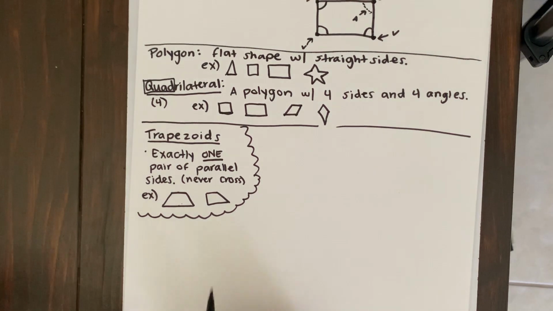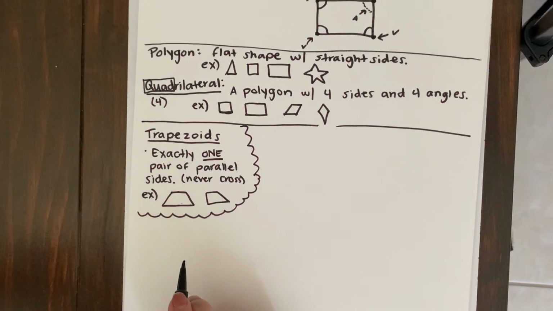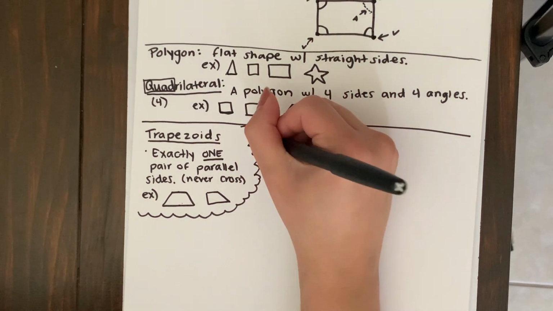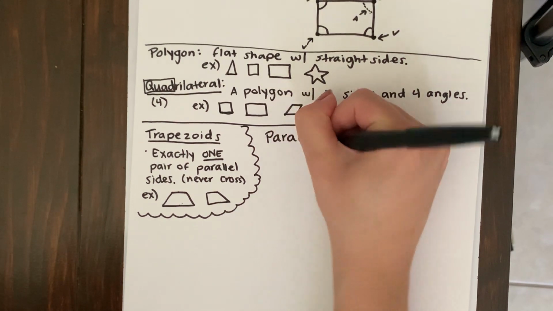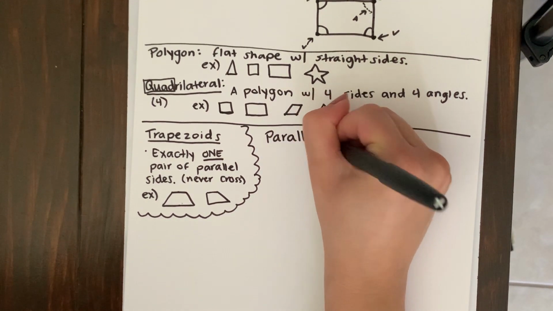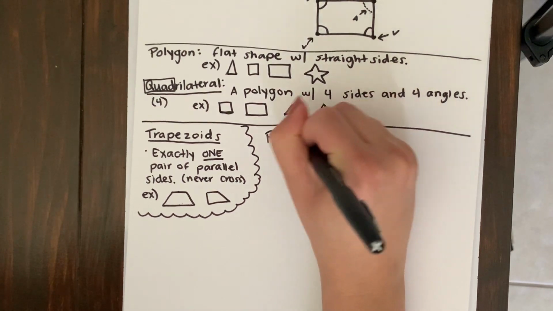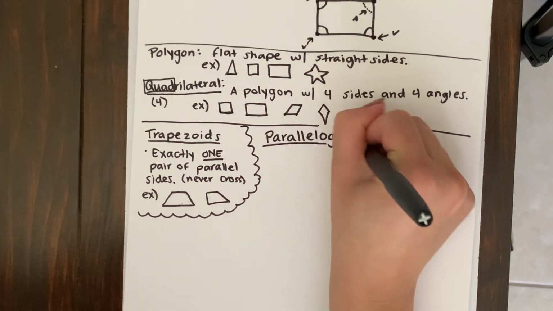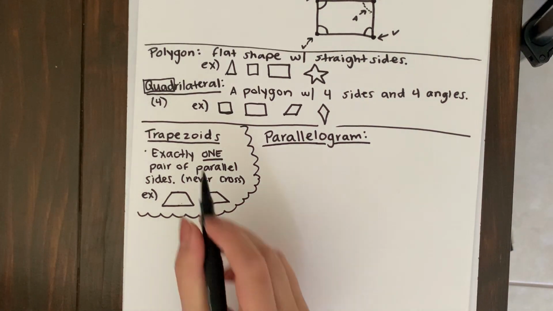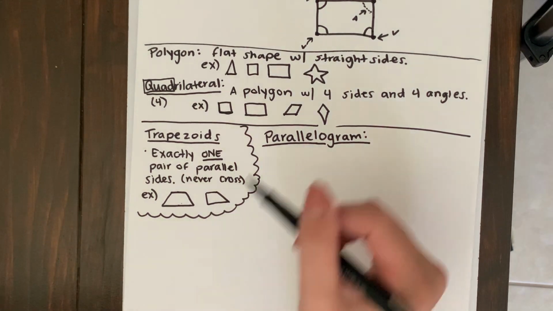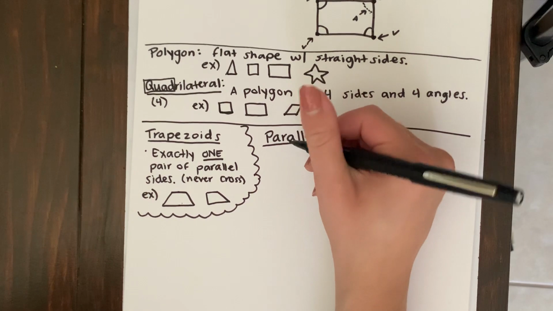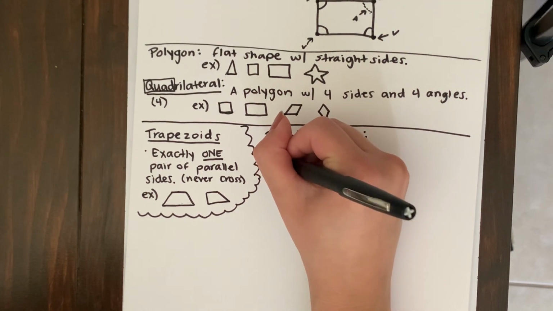Okay, so the next types of quadrilaterals are another big umbrella, and these are called parallelograms. All of these are like tongue twisters, kind of. Okay, so within quadrilaterals, all quadrilaterals, because they all have four sides and four angles, they're either trapezoids, in which they have only one pair of parallel lines, or they're a parallelogram, which means that they have two sets of parallel lines.